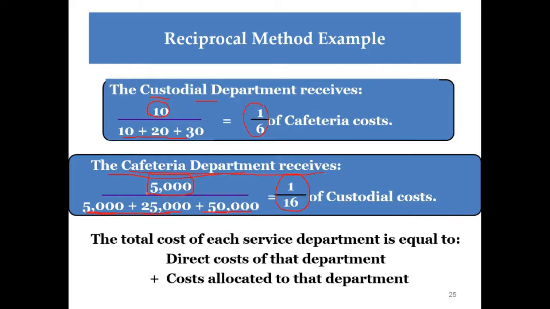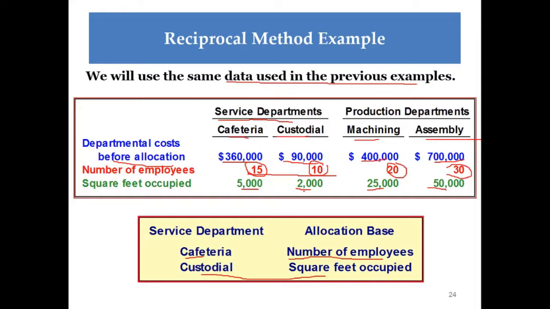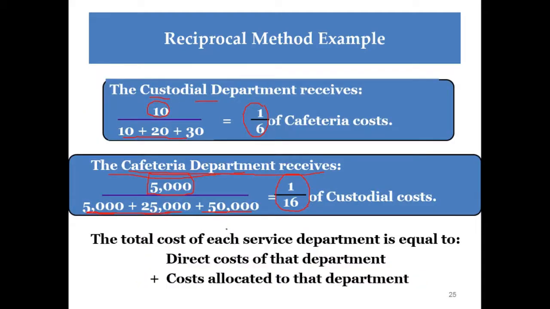And here we don't use 2,000, the area of custodial, in the allocation equation, because custodial doesn't allocate cost to itself. Then we have only 5,000 divided by 5,000, 25,000, 50,000, for the other departments: cafeteria, machining, and assembly.